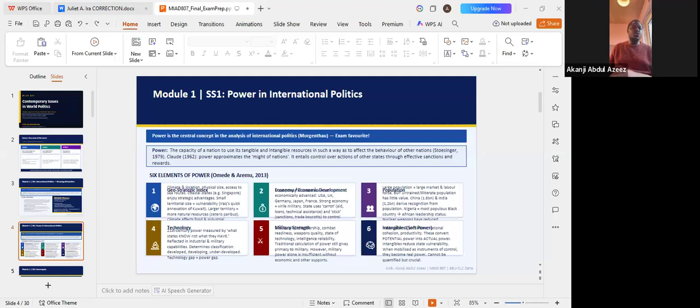And also, advanced technology, if a country's technology is advanced, can improve the economy of the country. And a state with advanced technology or science usually dominates the global political system.